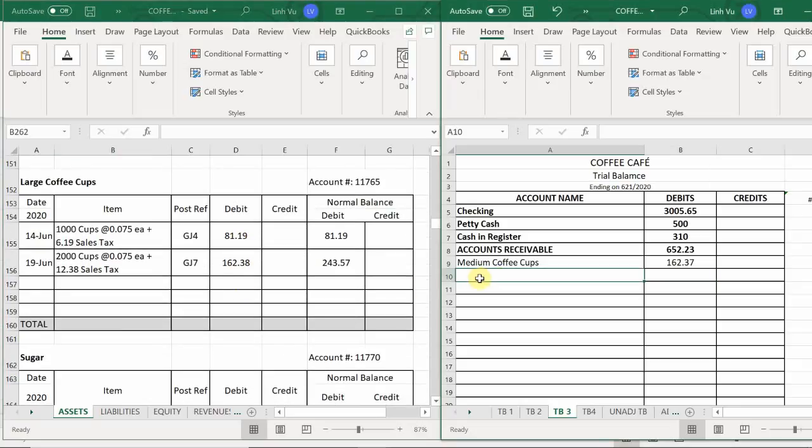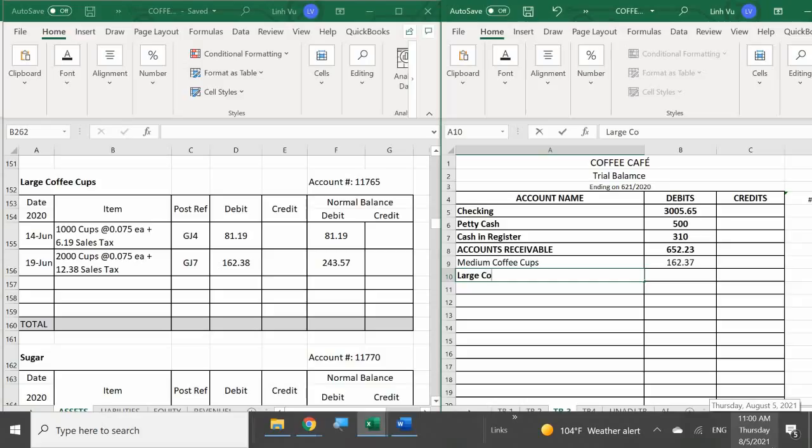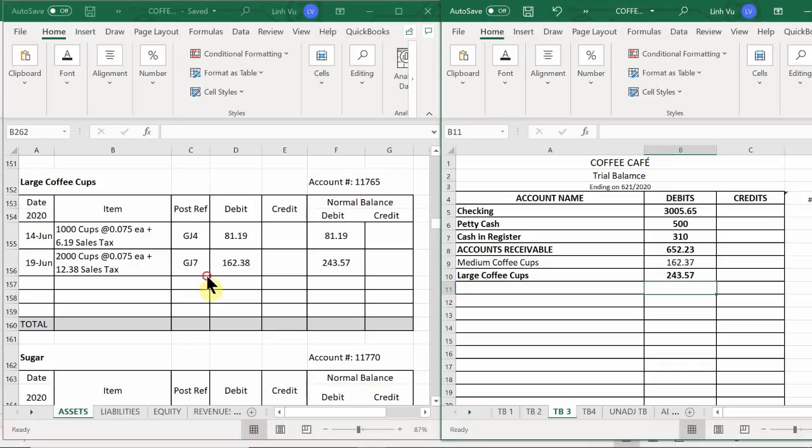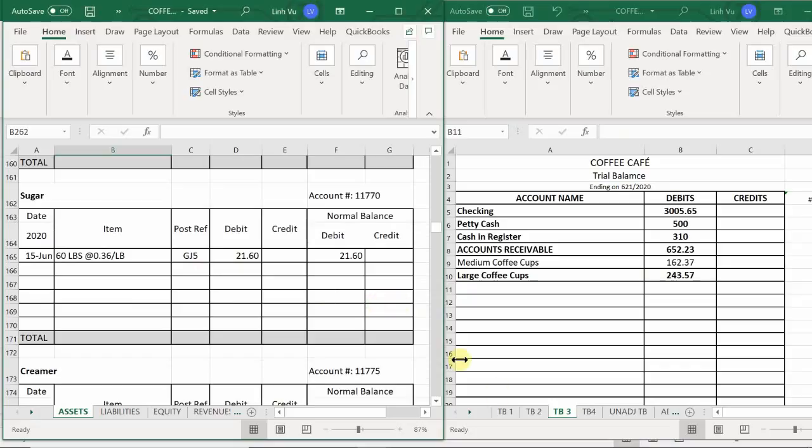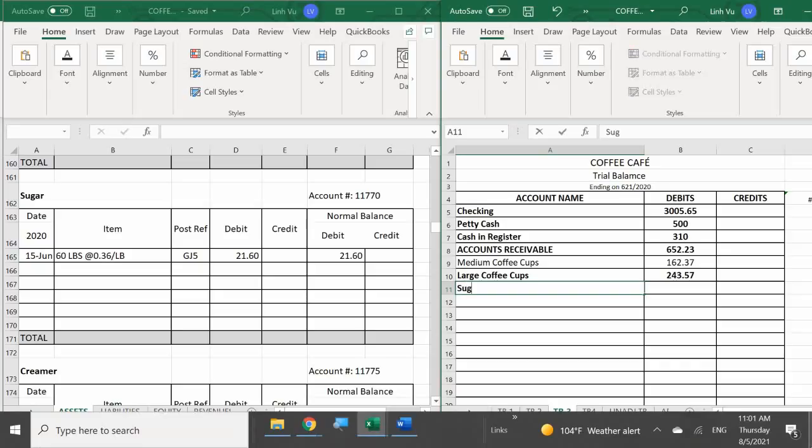We also have large coffee cups for a total of $243.57. We have some sugar, for how much?